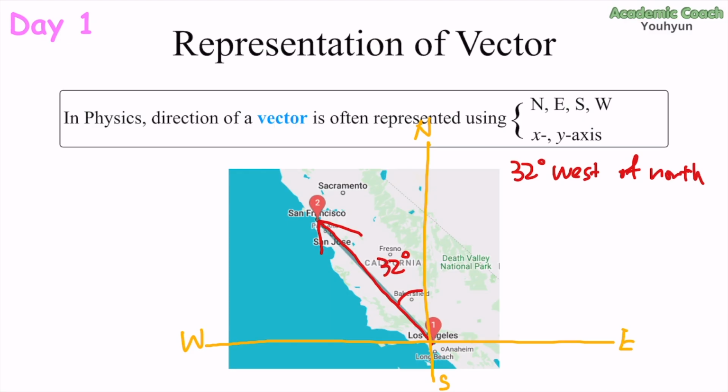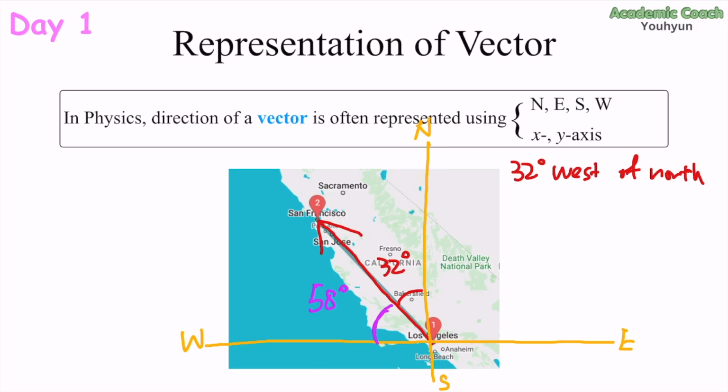I could also calculate this other angle. Well, we know that east-west and north-south should cross at 90 degrees. This is 90 degrees here. So this purple angle should be 90 degrees minus 32, which is 58 degrees. So this time I could take west as my reference and then move towards north by 58 degrees.